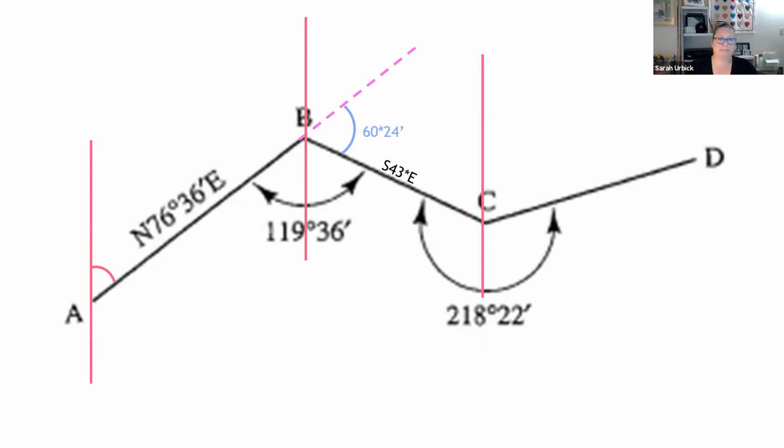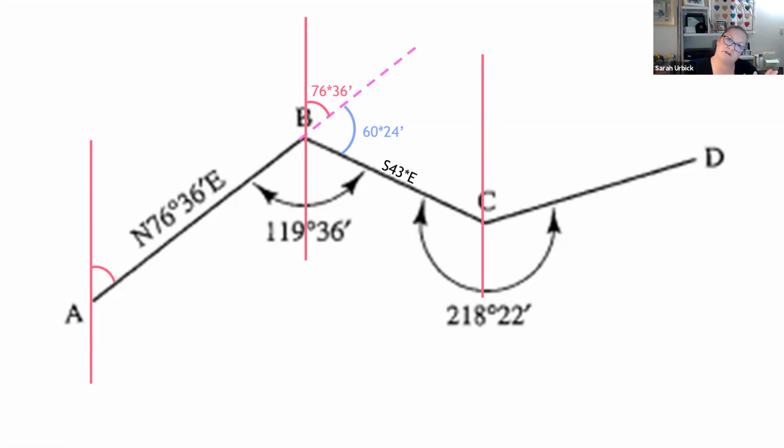So our angle from the north at B down to this line BC is 76.36, plus our calculated angle of 60 degrees, 24 minutes, but it puts us in the southeast quadrant because that's greater than 90 degrees.